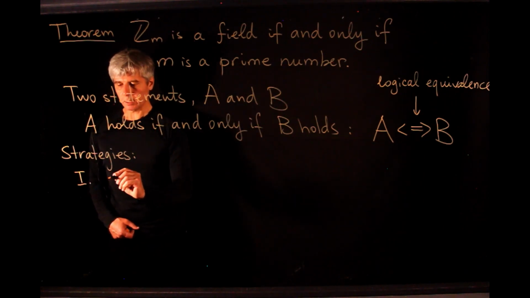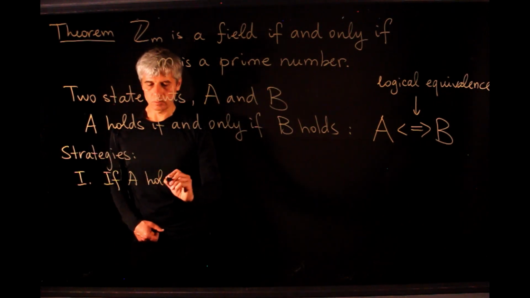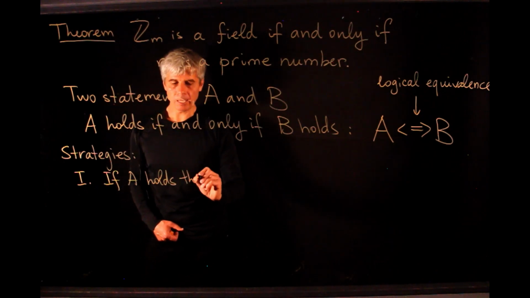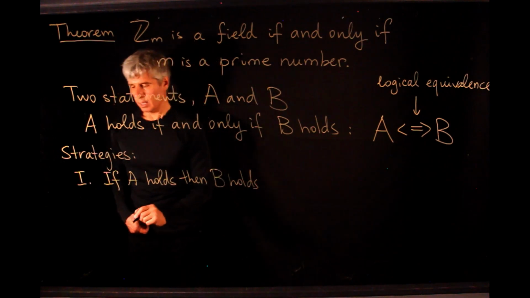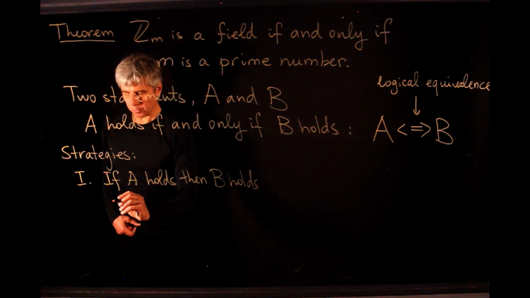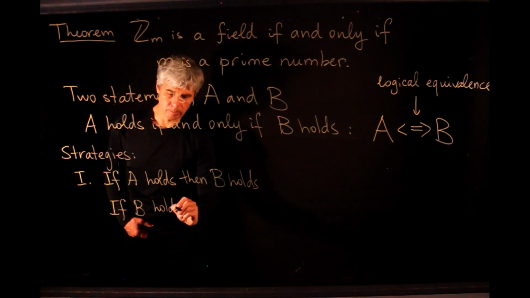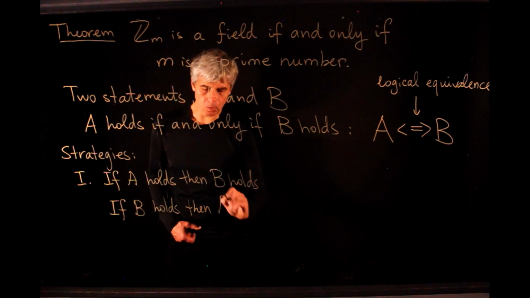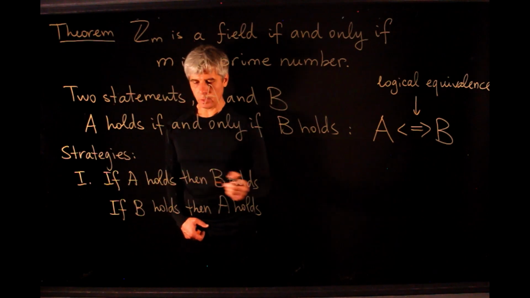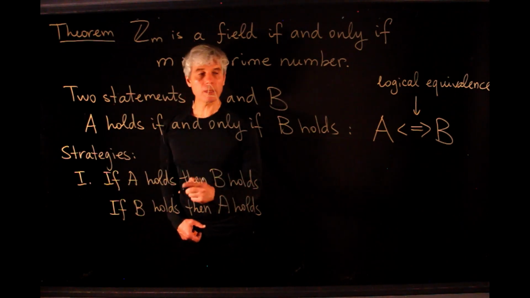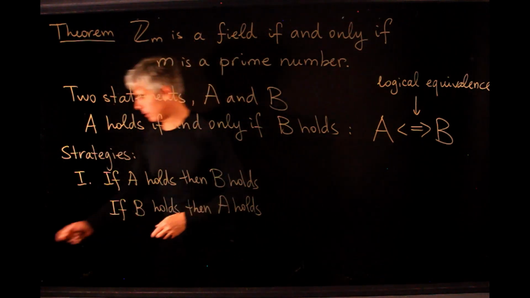We can prove that if A holds, then B holds, and also prove that if B holds, then A holds. So if we prove these two facts, then this would mean that A and B are logically equivalent.